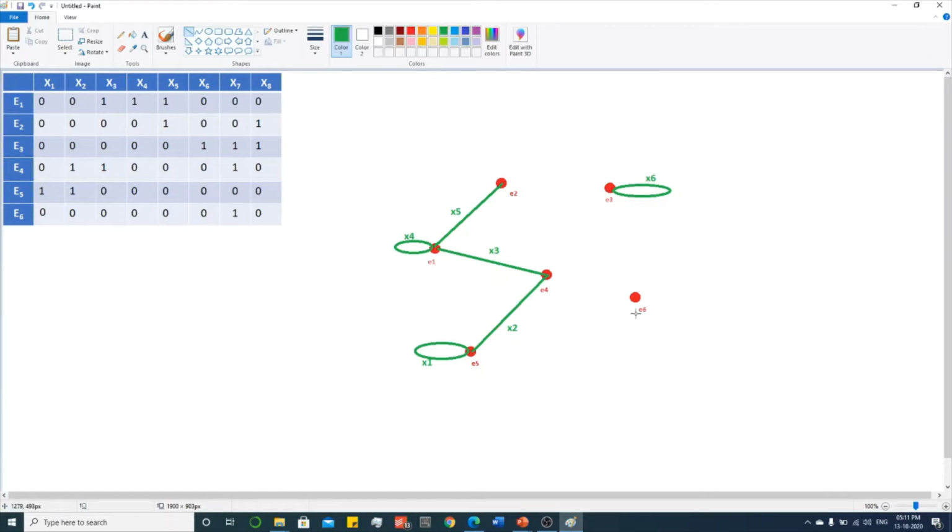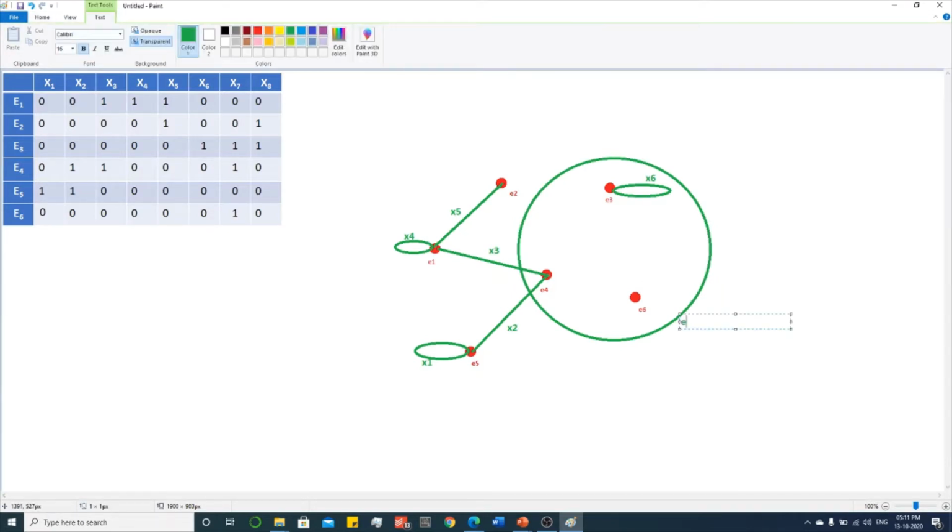So 3, 4, 6. Let us draw a very big circle over here. So this is x7. And last one is x8.